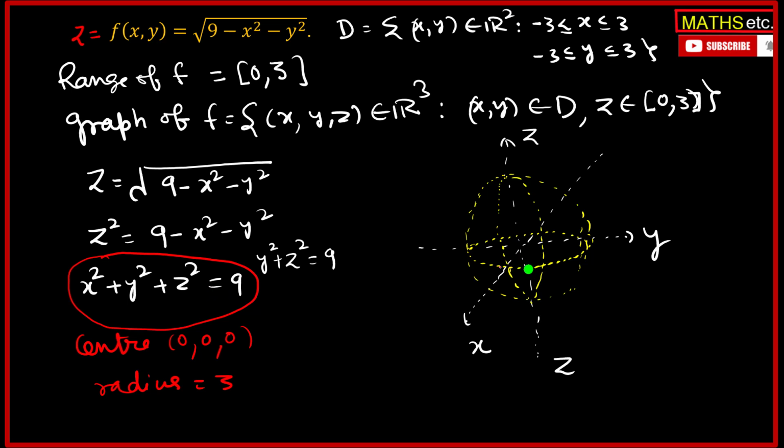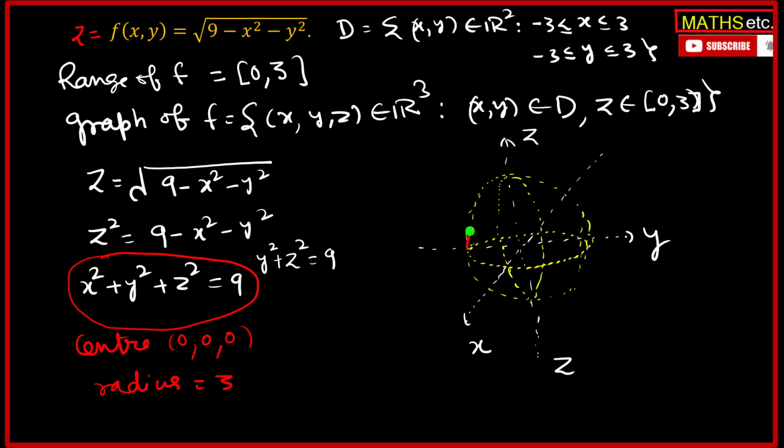Now this is made by two hemispheres. One is above the xy plane and another one is below the xy plane. Above the xy plane means z will have positive values, and our function has z equal to only positive values. So our sketch of the graph of this function will be this hemisphere only.